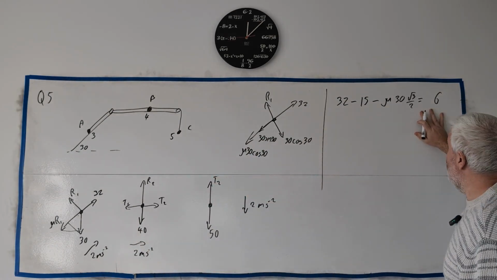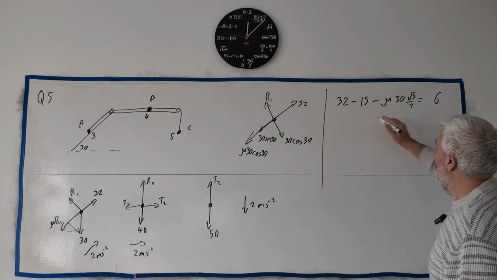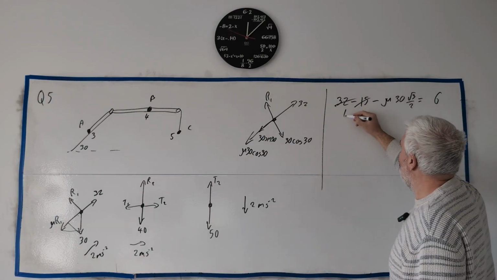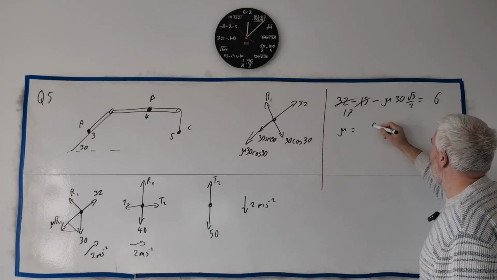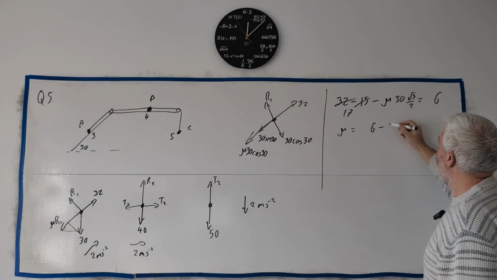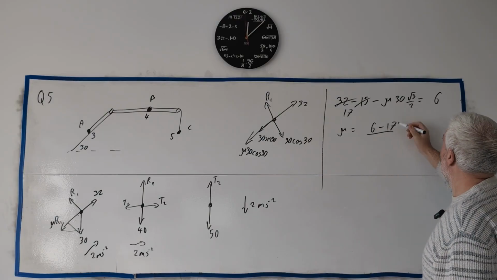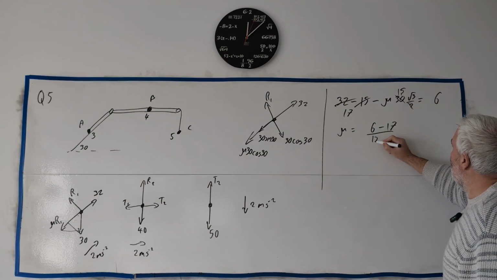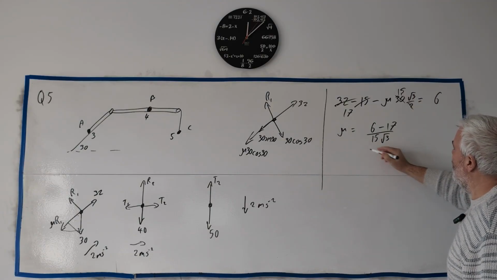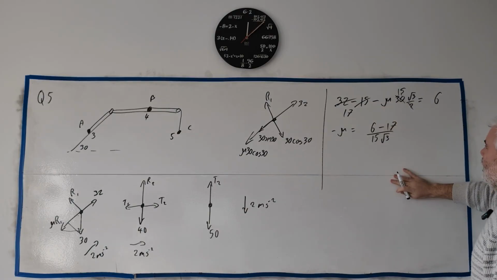We just need to rearrange this. Let's turn this into 17. Let me rearrange this as mu is equal to 6 minus 17 divided by, the 2 goes in there, so divided by 15 times square root of 3. That'd be a minus mu still.